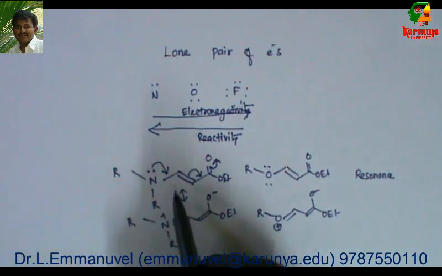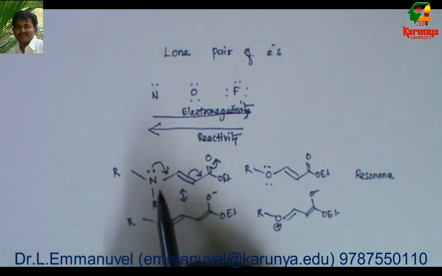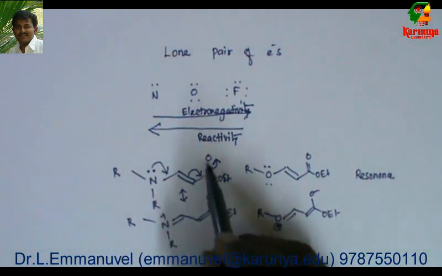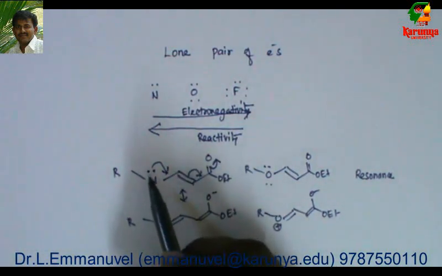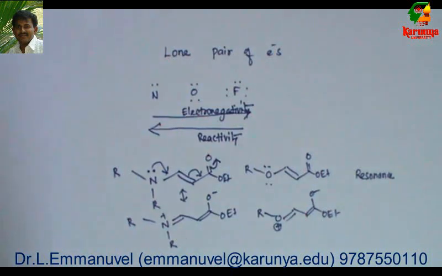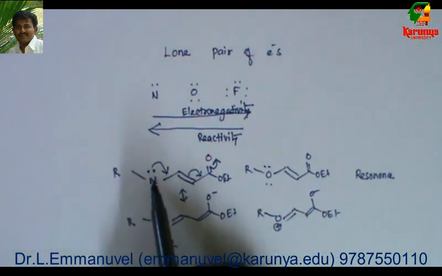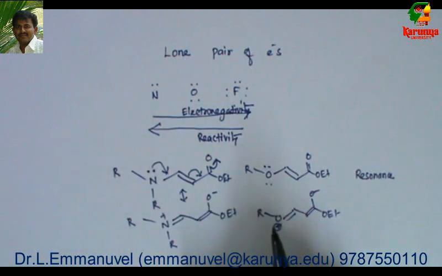In fact, in this system, what we call enamine, which has electron withdrawing group, this nitrogen cannot attack the electrophile because the lone pair is not on nitrogen. It involves in resonance and the electron density decreased and the nucleophilicity is lost.